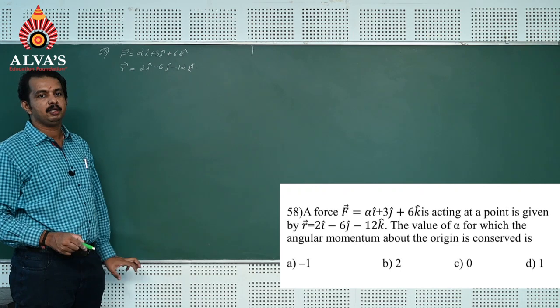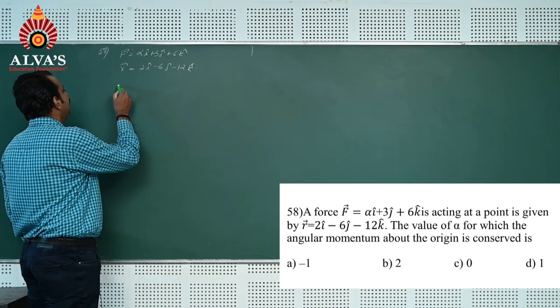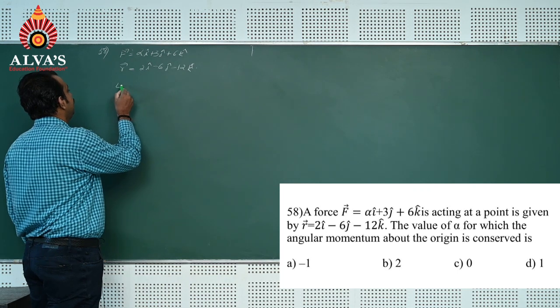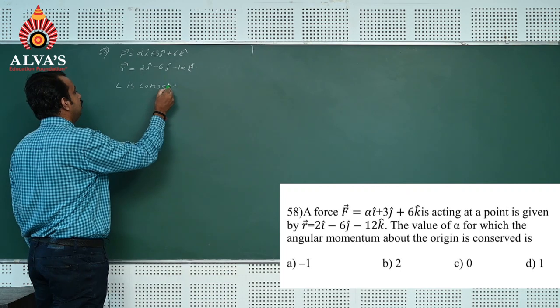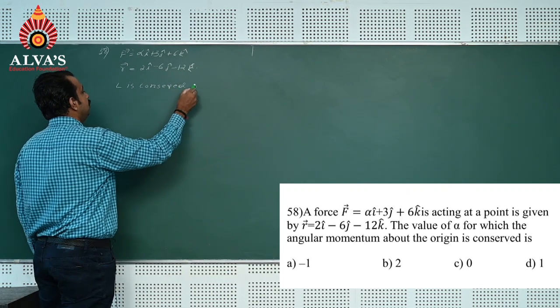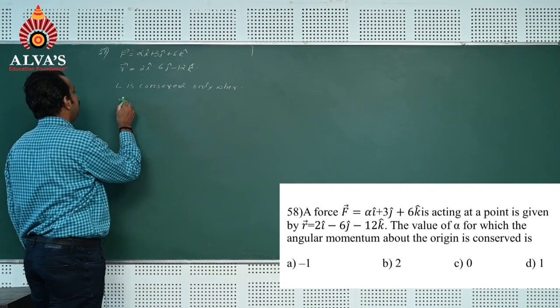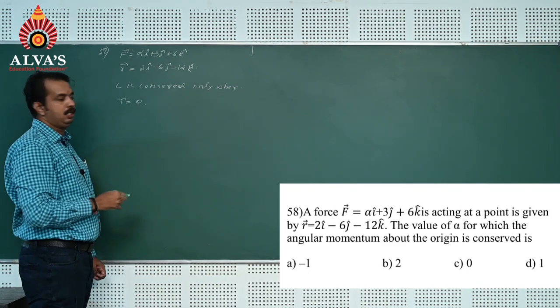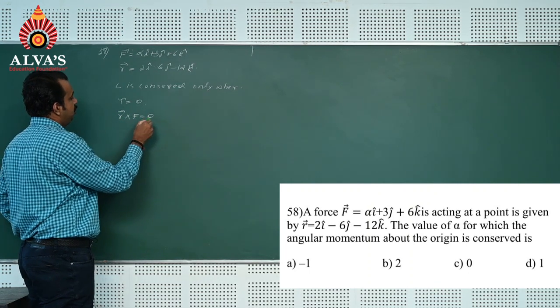To conserve angular momentum, what should be the value of r? Angular momentum L is conserved only when torque is equal to 0. Torque equal to 0 means r cross F is equal to 0.